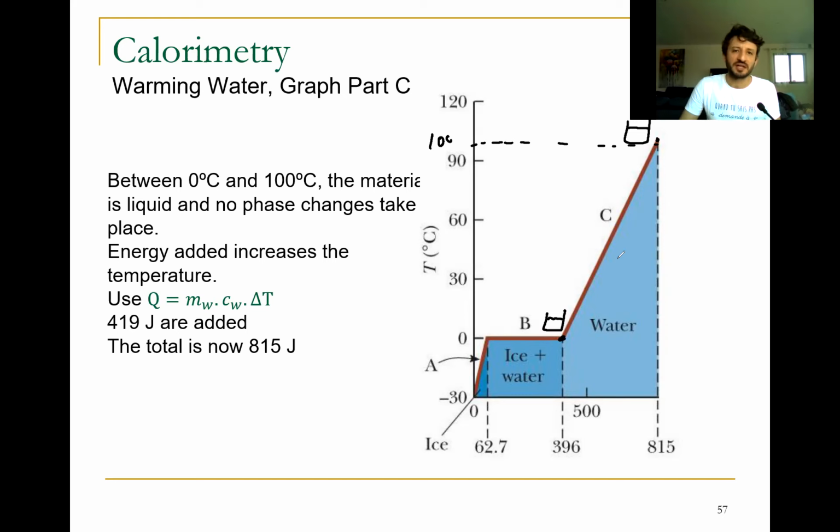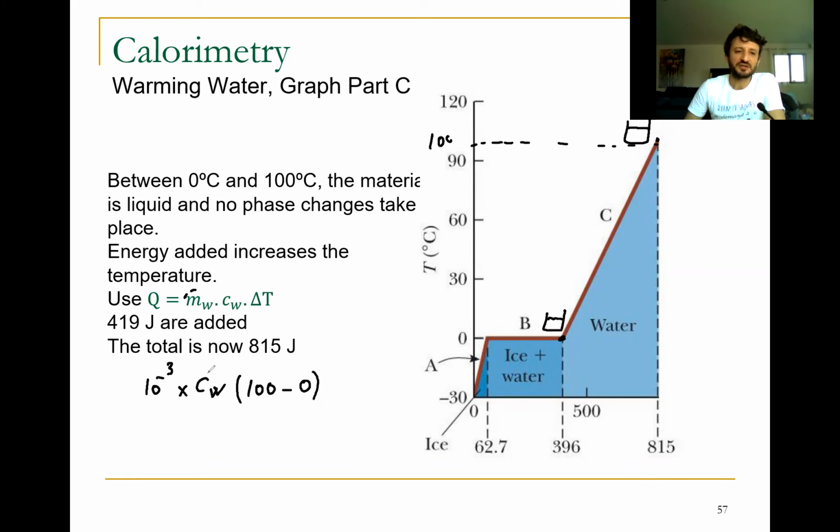Here we have only liquid, so we have the mass of the liquid equals 10 power minus 3 kilogram. C of the liquid you can find from the table. Delta T equals T final minus T initial equals 100 minus 0.